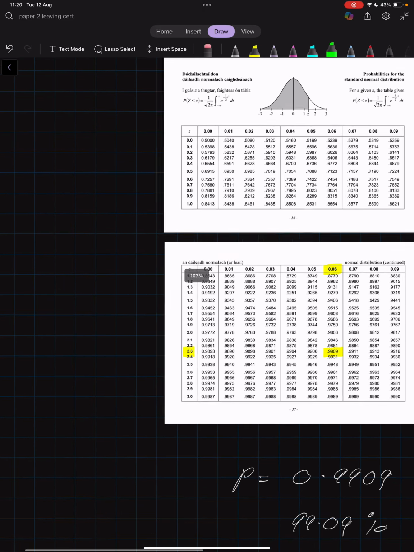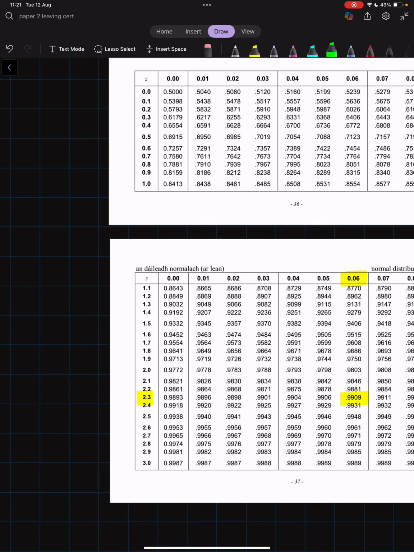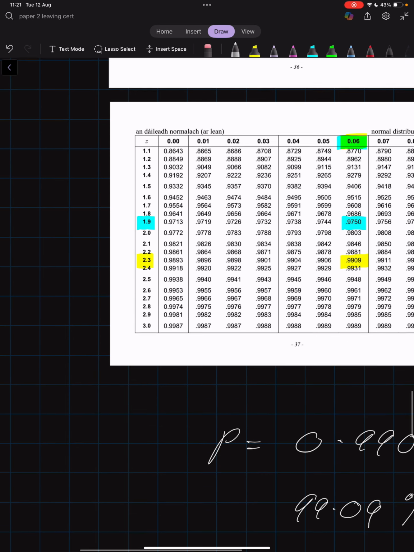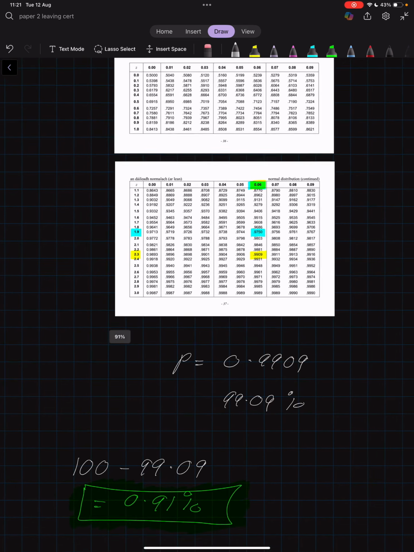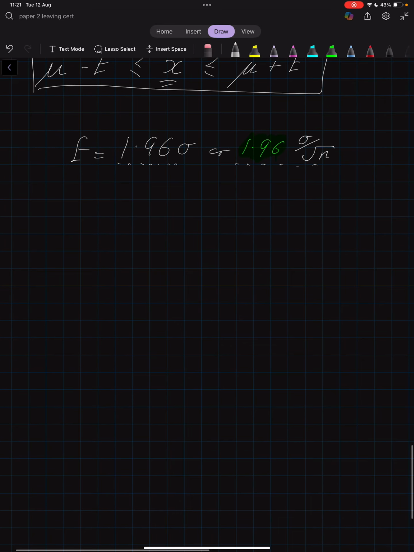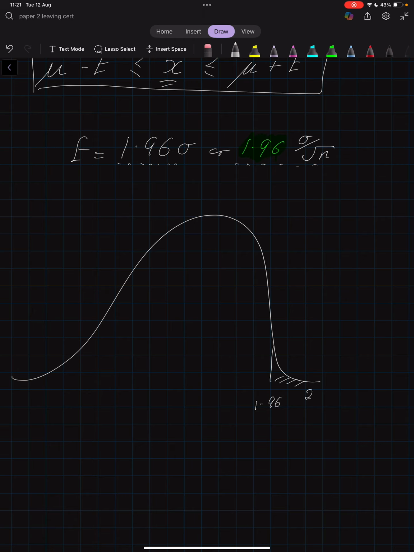The way you do it is, let's go to 1.96. So where is 1.96? It is here. You will notice that's 97.5%. So 1.96 will give you that this is going to be 2.5%.